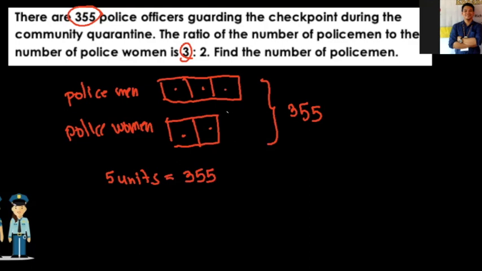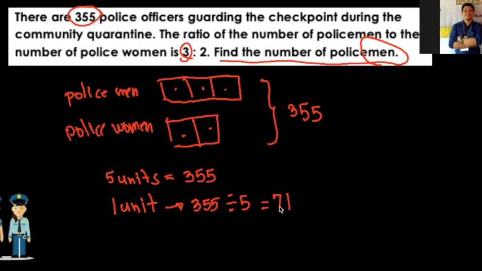But what do we need to find? We need to find the number of policemen. Okay? So we need to find first how much is 1 unit. To get 1 unit, we will divide 355 by 5. And the answer is 71, which means 1 unit is equivalent to 71.